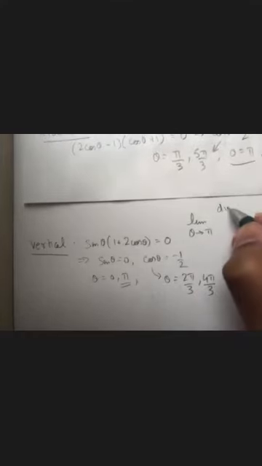Now if you observe, theta equals pi is present in both. So for that, you have to check what happens when you take the limit, and this limit is 0.